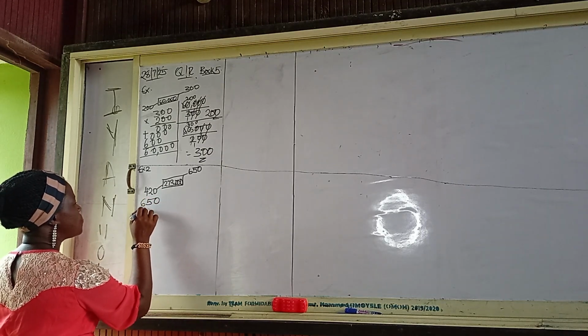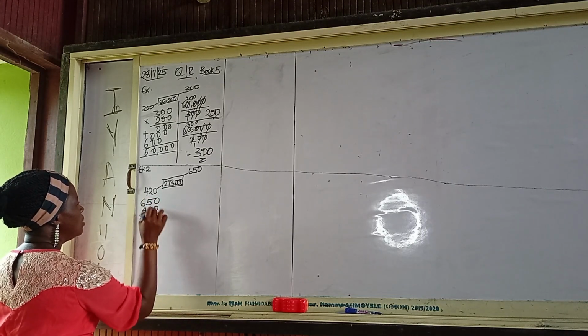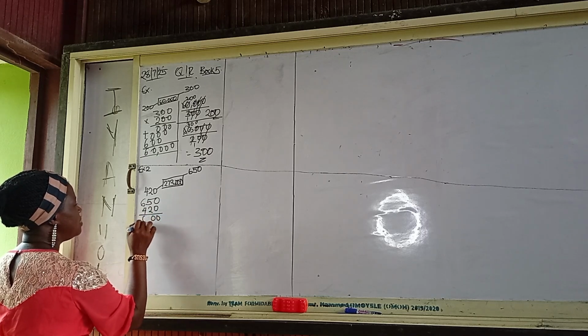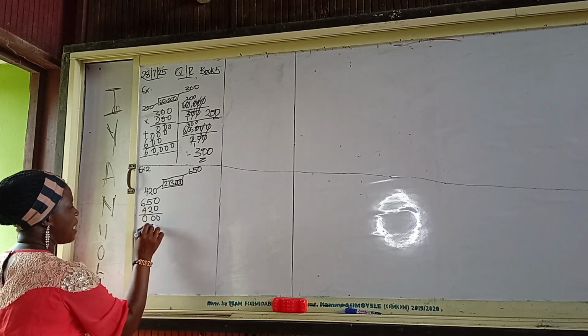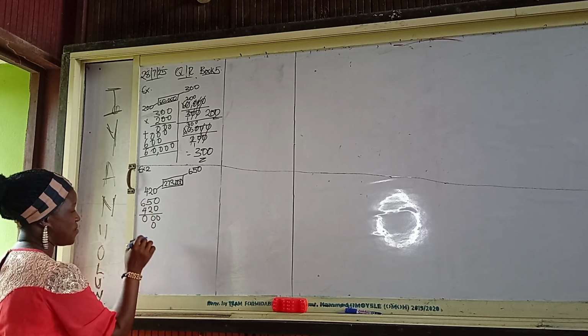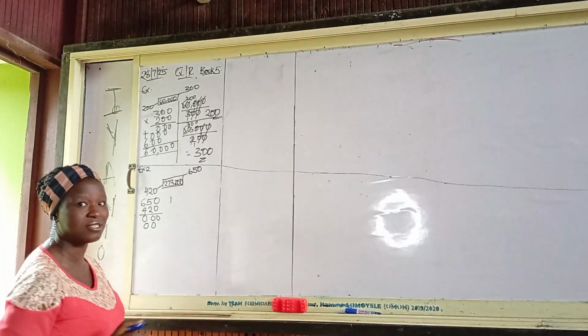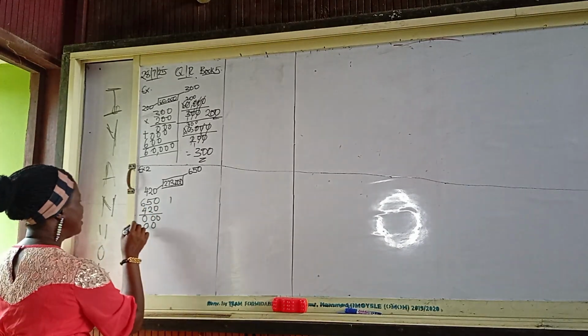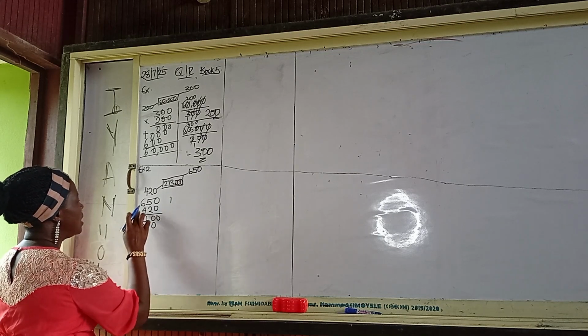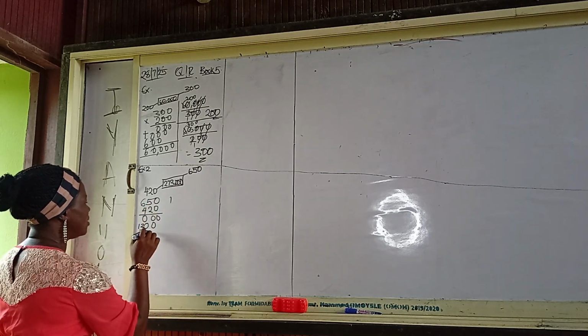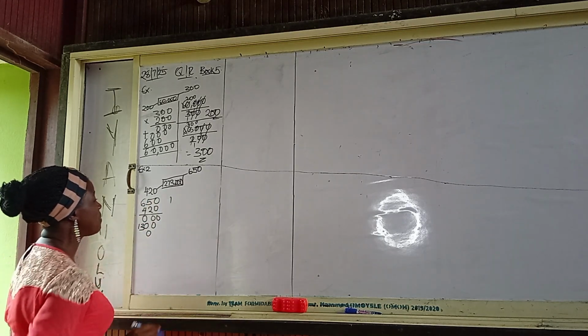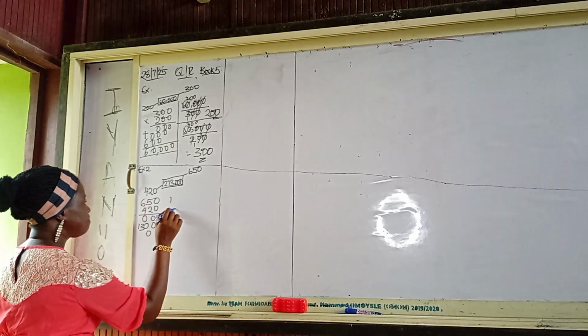So multiply by 420. Anything multiplied by 0 gives you 0. 2 multiplied by 0 is 0. 2 multiplied by 5, that is 10. You are holding 1. 2 multiplied by 6, that is 12 plus your 1, making 13. Then 4 multiplied by 0 is 0. 4 multiplied by 5, that is 20.